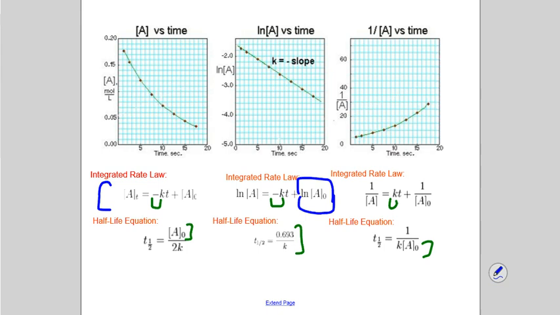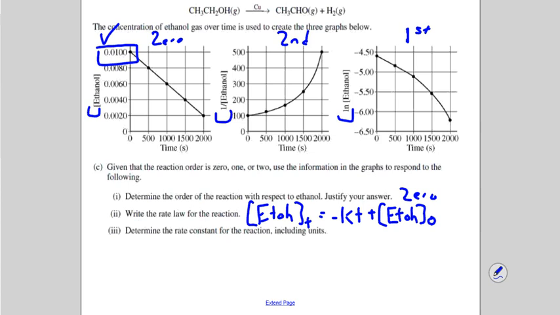If we took the y-intercept for second order, it would replace this entire thing, not just the A naught part, but the 1 over A naught as well. So that's kind of important to remember.